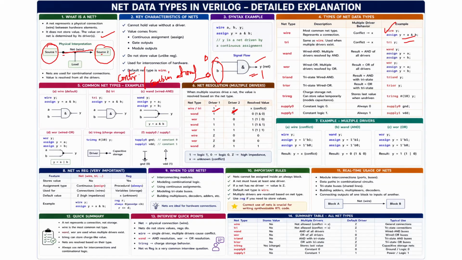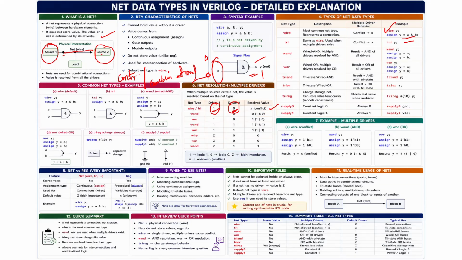Initially I drive 1, and after that I drive 0, so I get a conflict and an unknown value. Don't drive the values differently. So the driving values should be the same, without getting a conflict.